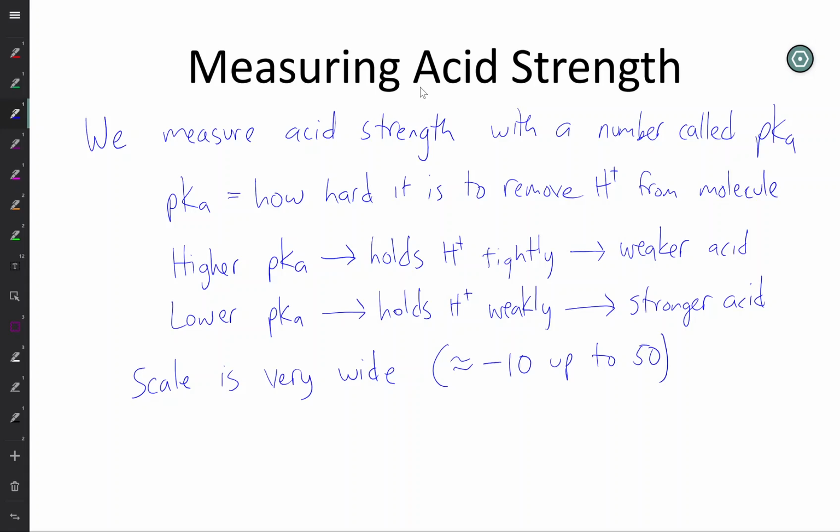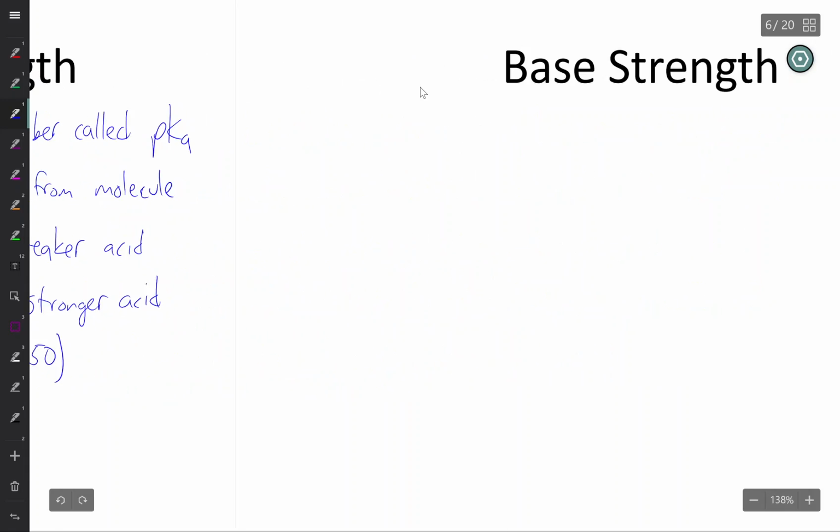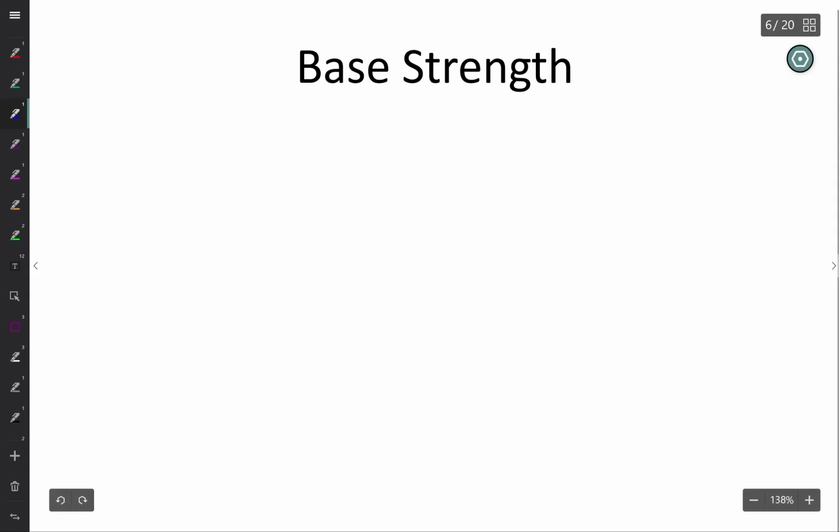So if the strength of an acid is how good it is at being an acid, so how good it is at giving away H plus, then the other concept, the reverse concept, base strength, is how good a molecule is at taking H plus from other molecules.